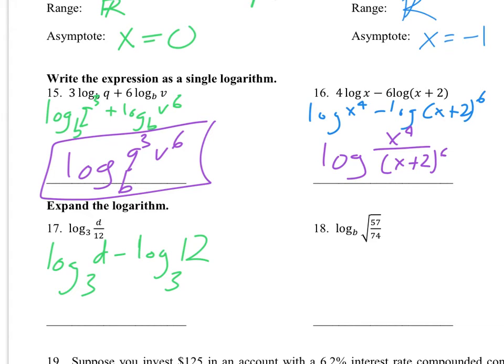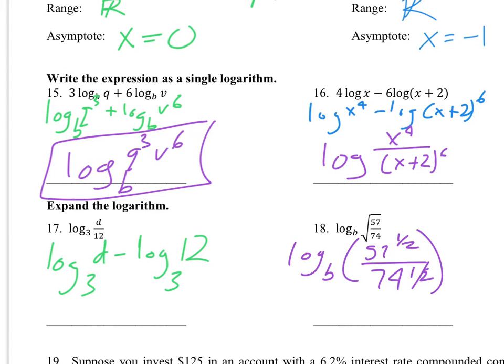And then for number 18, the tricky part there is that square root. So a couple ways to do that, but I would probably recommend writing that as a rational exponent and having that both on the 57 and the 74. So that's a log base b of 57 to the 1/2 power over 74 to the 1/2 power.